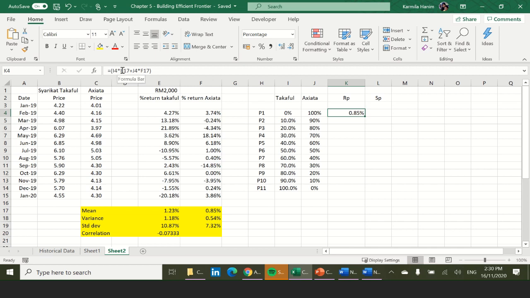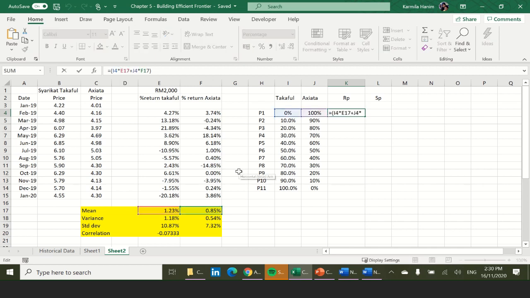Okay, let me freeze the mean here so that easier for you to drag the formula.